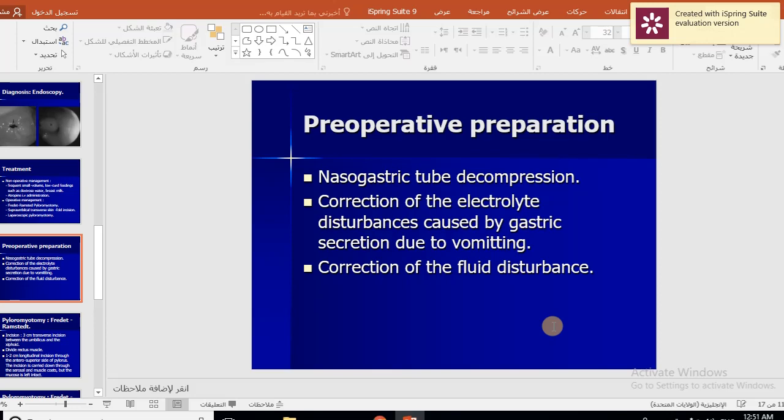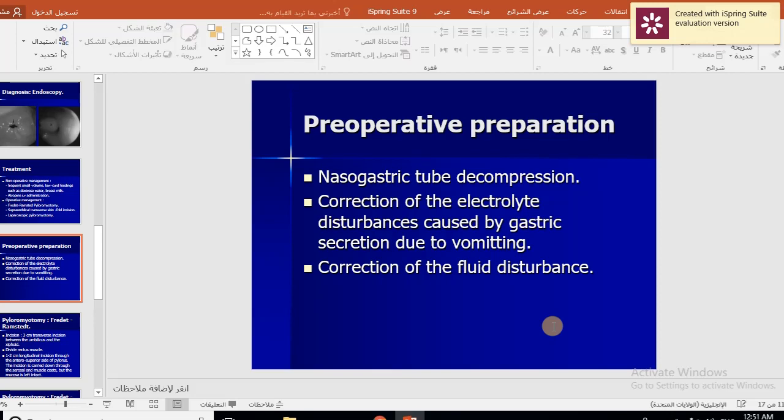There is hypochloremic, hyponatremic, hypokalemic metabolic alkalosis, which must be corrected. The alkalosis must be corrected with normal saline or half saline IV fluid.